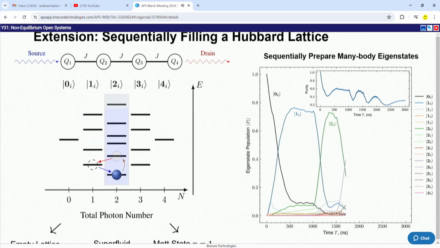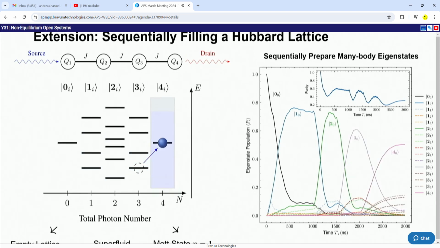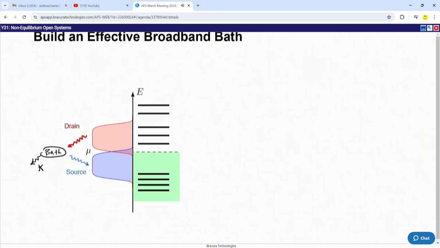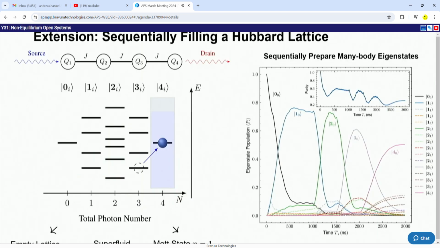We can change the frequency of the red sideband and blue sideband to the transition of the two particle manifold and the other manifolds. The population will be pumped into the ground state of each manifold, sequentially. So now we can prepare many-body eigenstates with different particle numbers, which enables us to study the behavior of many-body eigenstates.